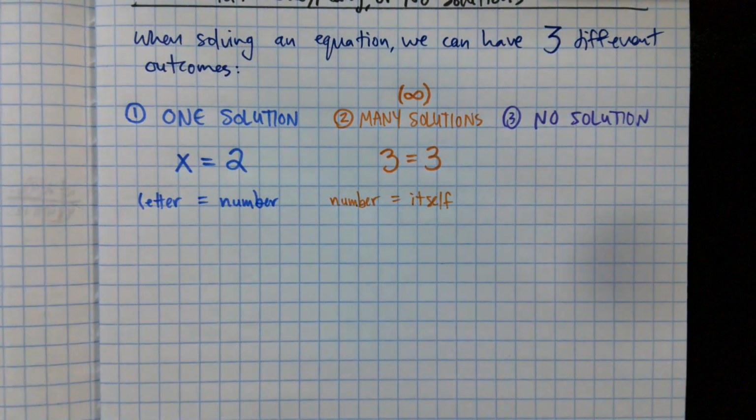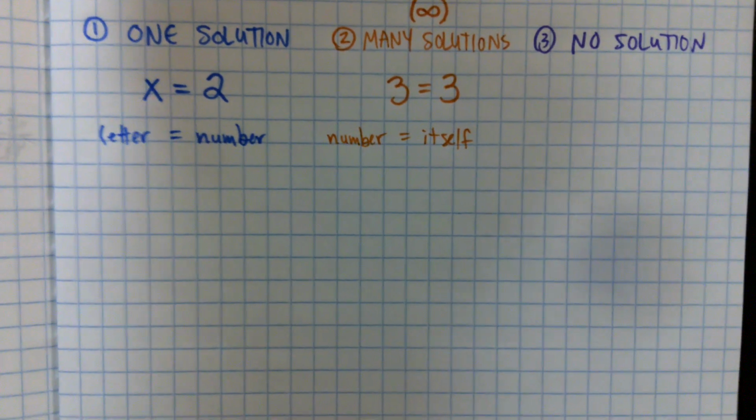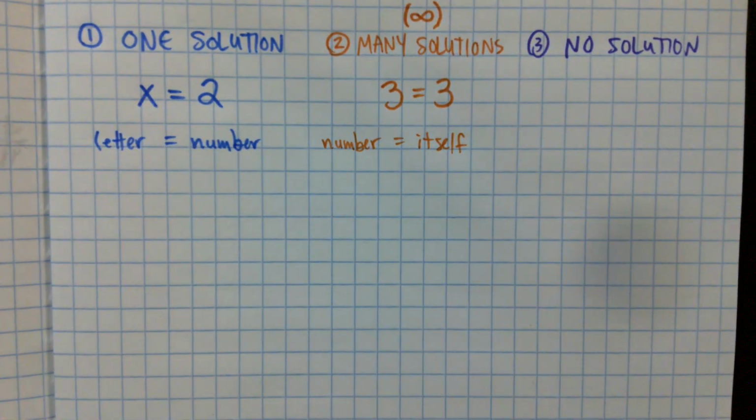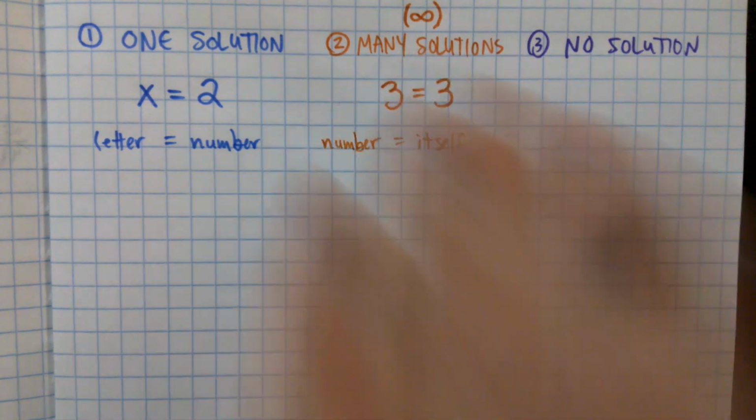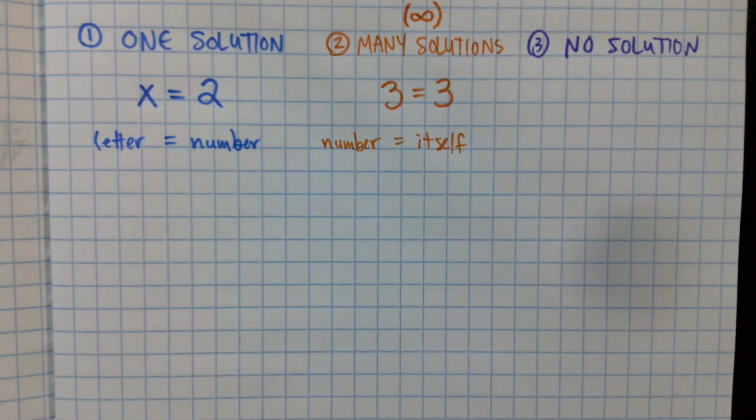When we get a number that equals itself, it could be anything. It could be 100 equals 100, -4 equals -4, 1/2 equals 1/2. If you've got the same thing on the left that you have on the right, then that means you have infinitely many solutions to that equation.